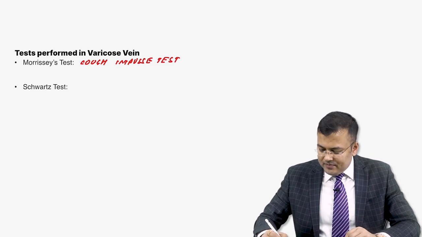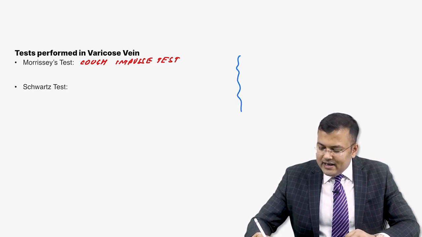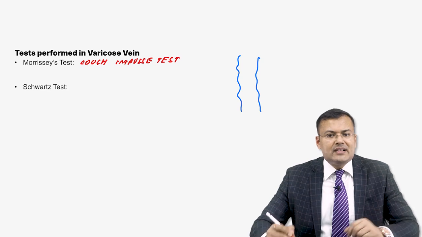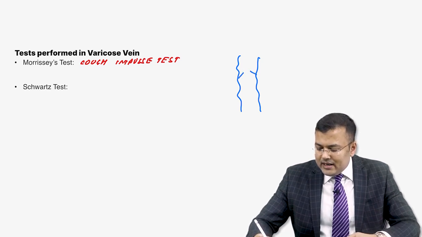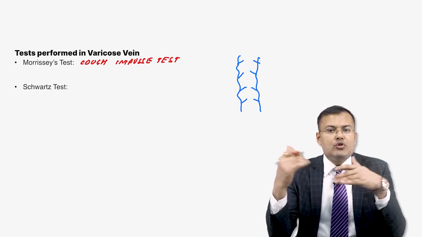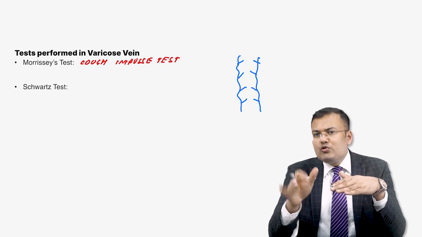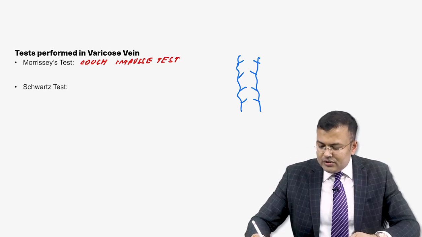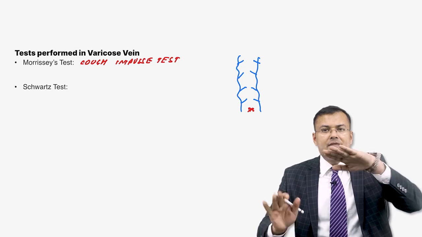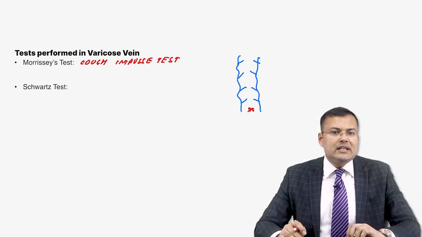What's the problem? Imagine this is the vein which is dilated. If it is distended and dilated, what will happen? The space between the valves is more, so obviously it's not going to close properly. Whenever you start tapping the vein below, you can feel the impulse above. So this is known as Schwartz test.